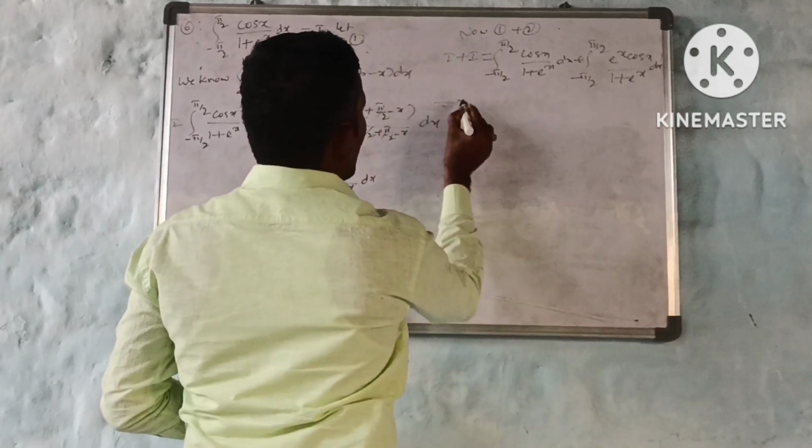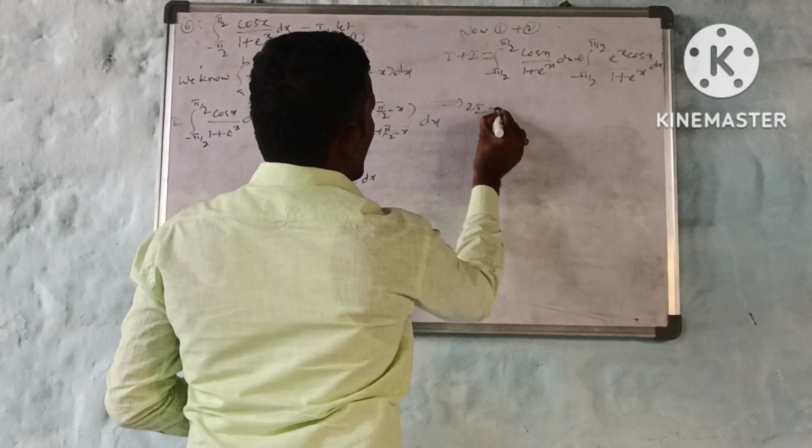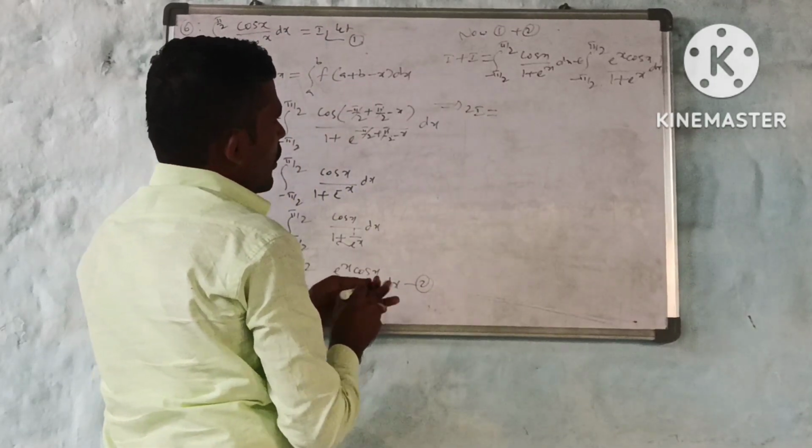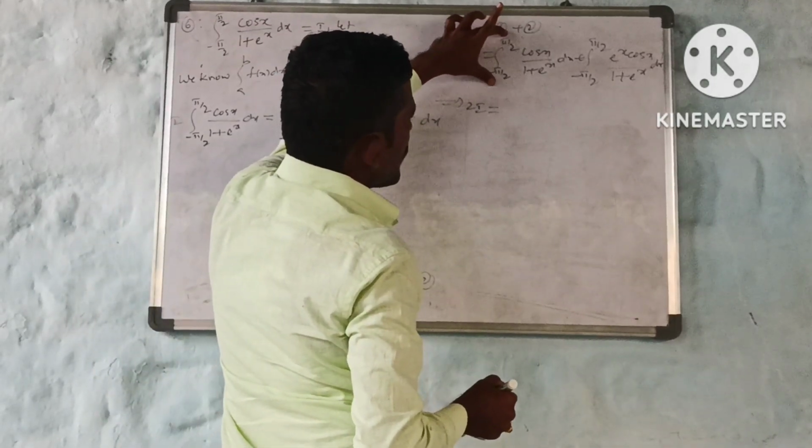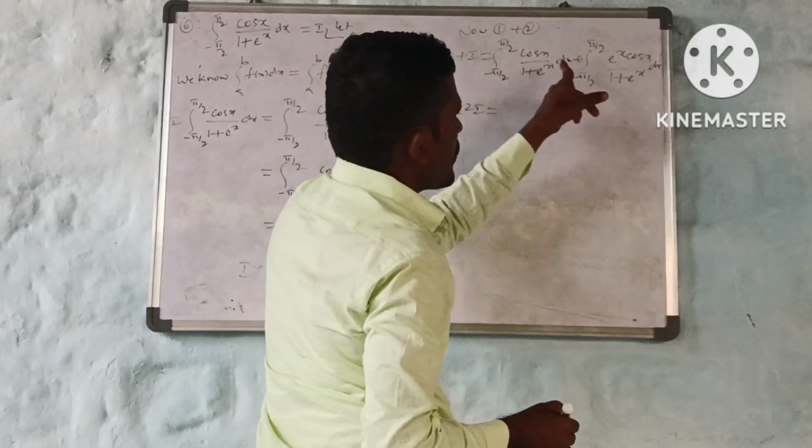On the left side we have I plus I, that is 2I, equal to this. The integration limits are both the same and the integration with respect to x is also the same.